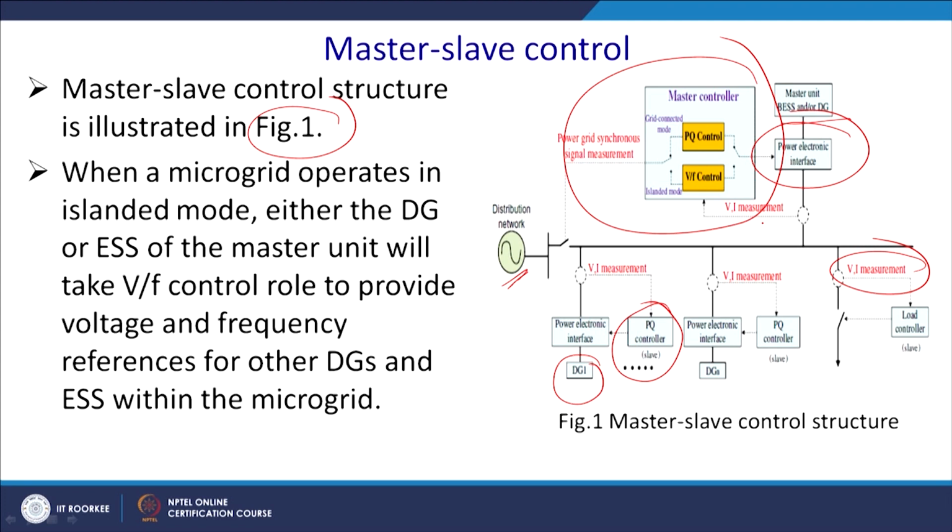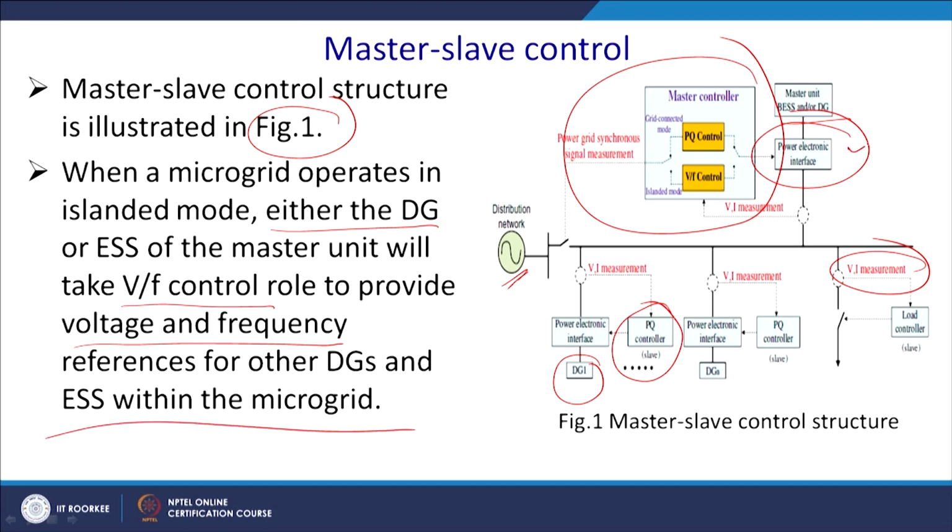So, thus what we can say is, when a microgrid operates in islanding mode, either the DG or ESS of the master unit will take V/F control, and its role is to provide the voltage and the frequency reference for other DGs and other ESS within the microgrid.